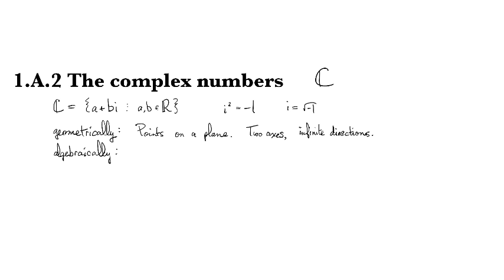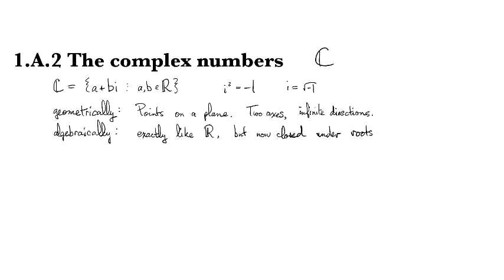So algebraically, again, it's going to be now exactly like the real numbers, but now it's going to be closed under taking roots. So what do we have?